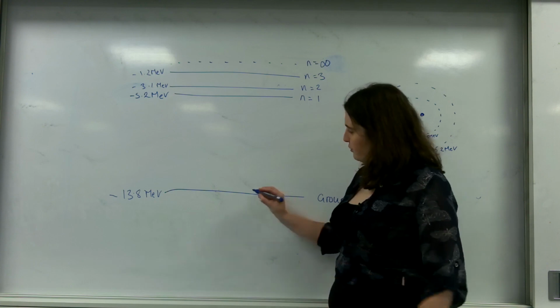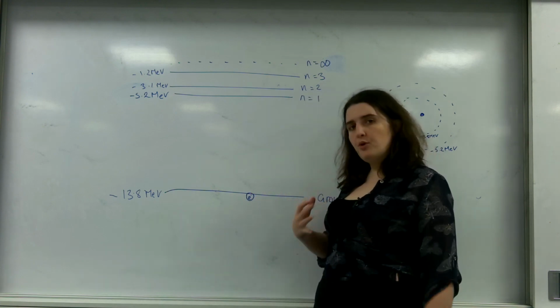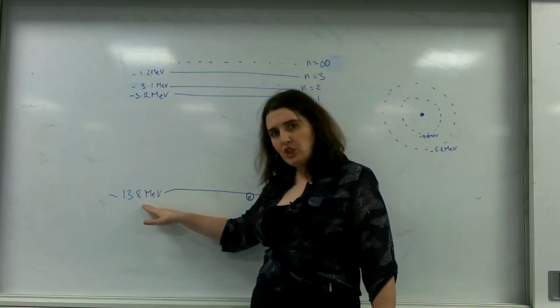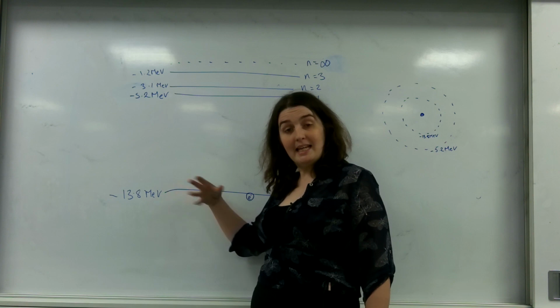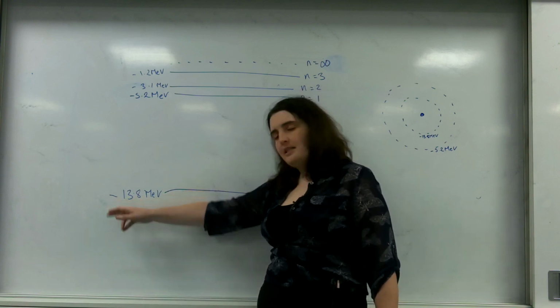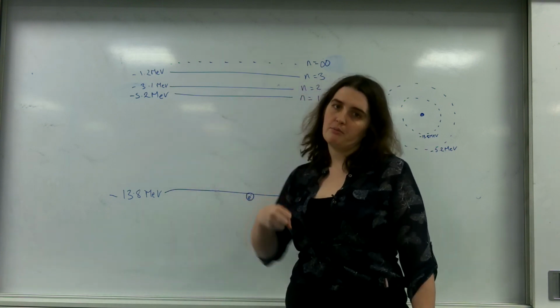So if this electron was here, if I wanted to remove it completely from this atom, that is how much energy I would need to make it leave the atom. That's why it's a negative number. This negative number implies I have to put energy in to remove it.